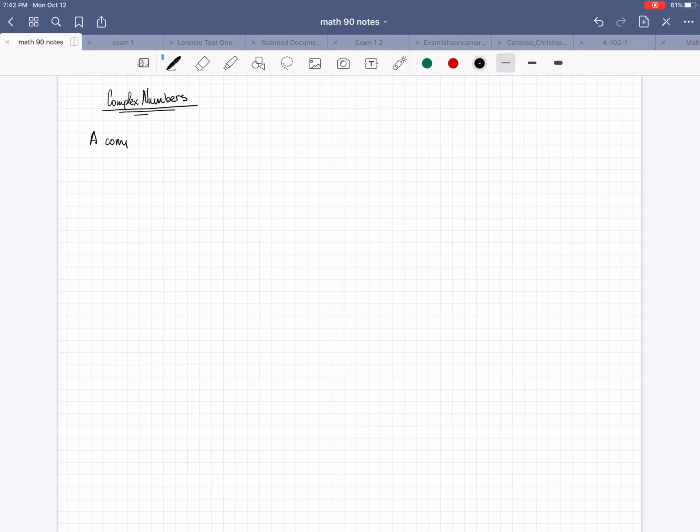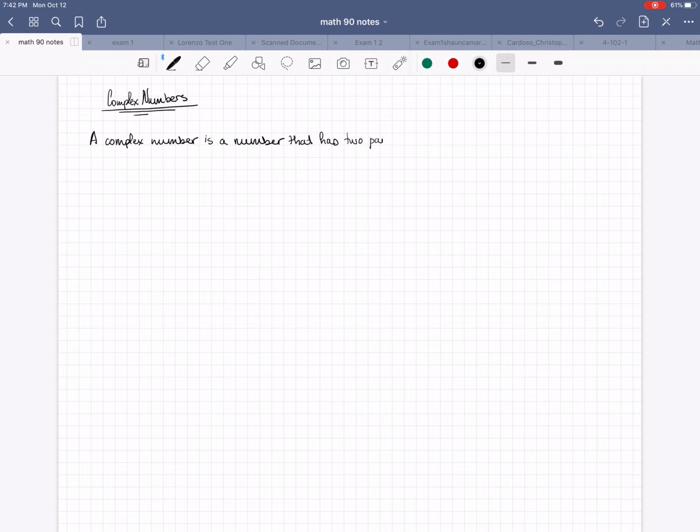In some sense, it's in the name. A complex number is a number that consists of two parts. And so that's kind of the word complex.